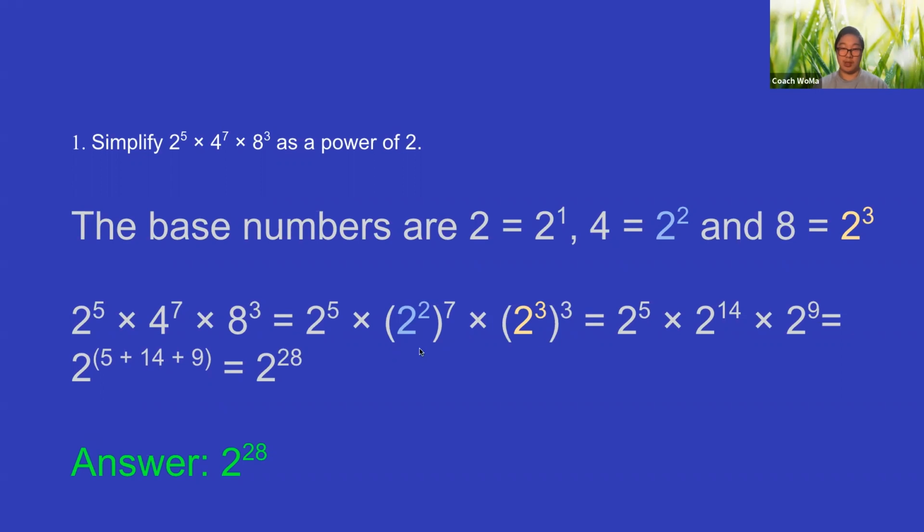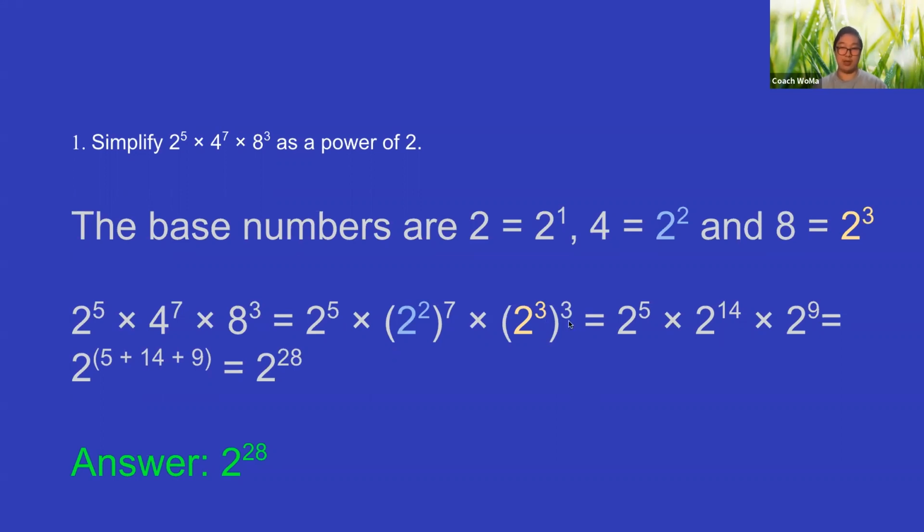Once we're here, we just need to remember our rules. If you have 2 squared to the 7th, that should be 14, because you multiply, right? 2 times 7 is 14. The same thing for 2 cubed to the 3rd.